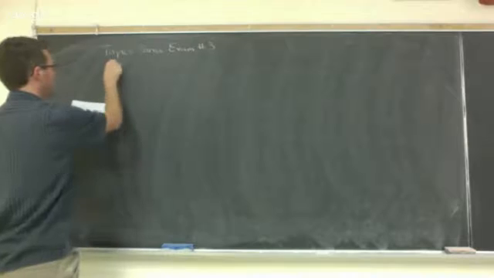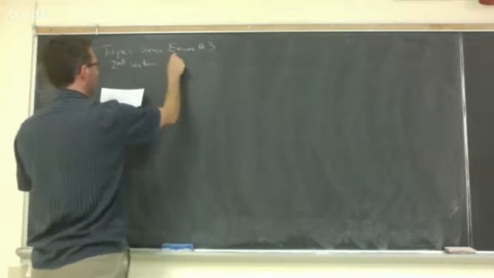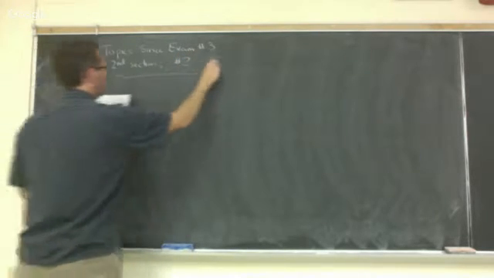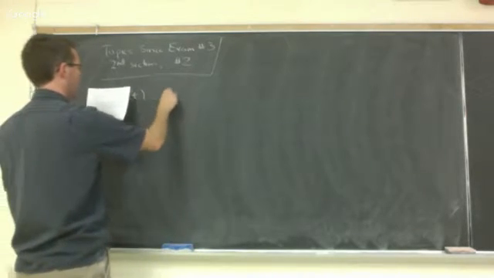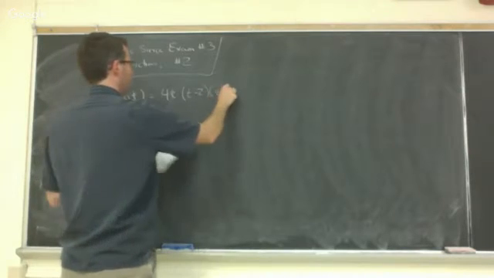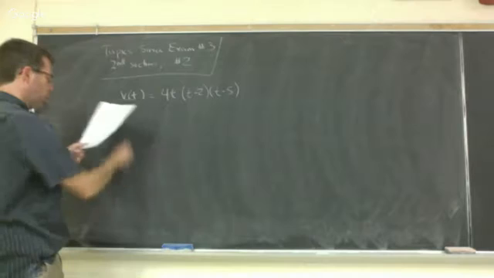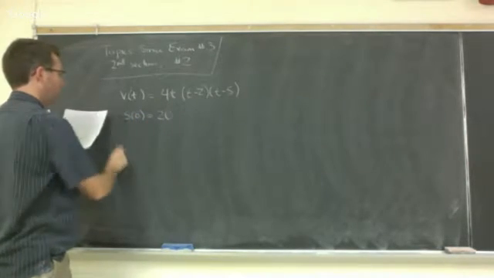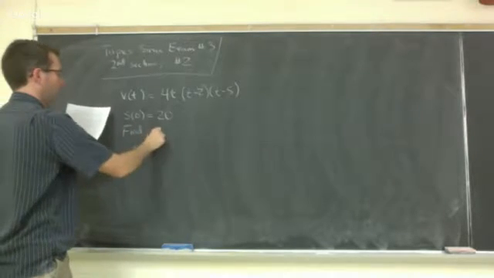Second section, problem 2. We're told that my velocity is given by the formula 4t times (t minus 2) times (t minus 5). We're told that my position at time 0 is 20, and our task is to find S of 5.